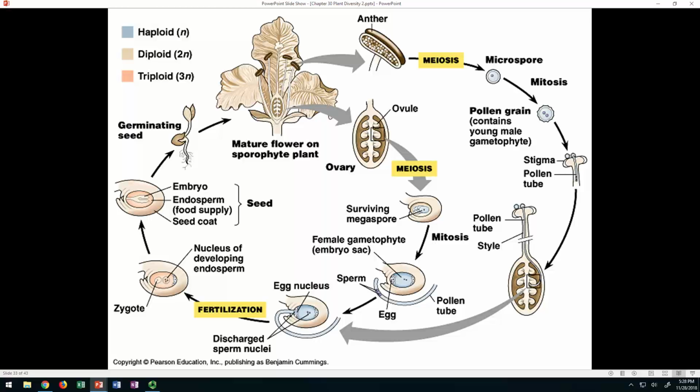Angiosperm, which is, first off, vascular or non-vascular? It's vascular. Seedless or seeded? Seeded, okay. And then there are two kinds of seeded vascular plants. What are they? Gymnosperm and angiosperm. Okay, so we said this was an angiosperm, right? What's the difference between an angiosperm and a gymnosperm?